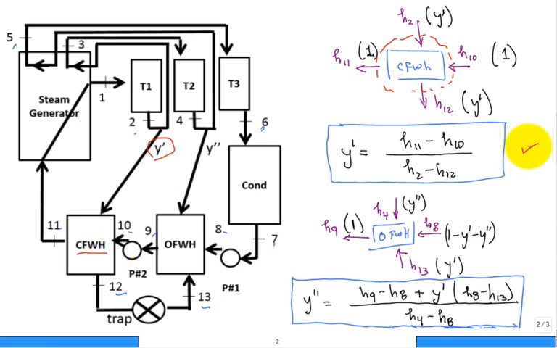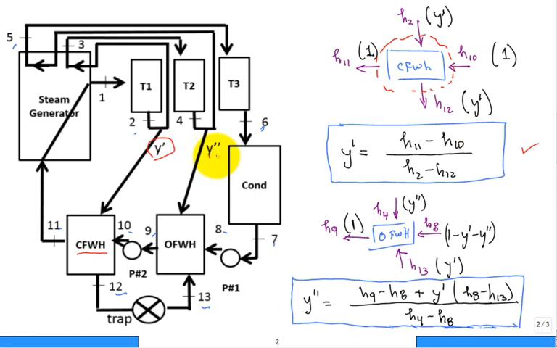Here it was in terms of the enthalpies of state 11, 10, 2, and 12. So you can get the enthalpies at all of these states and then get the mass fraction. Sometimes you have to work hand in hand, get most of the enthalpies, then a mass fraction. But in this case, you can get all the enthalpies, then get the mass fractions.